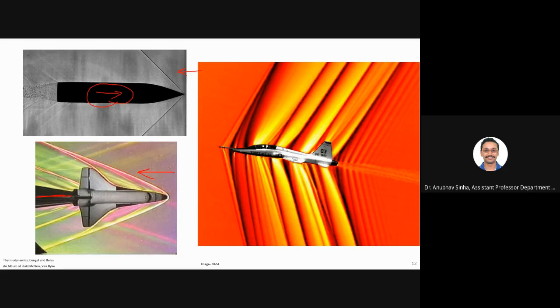This object is moving. So whether the object is moving or the fluid is moving, what is the orientation, what is the angle, that will be important if you want to calculate drag or lift. Then that orientation will be important.